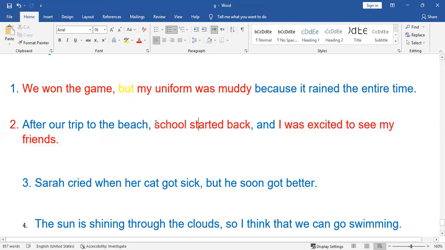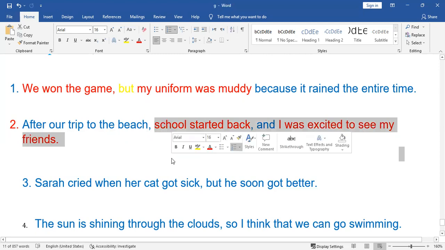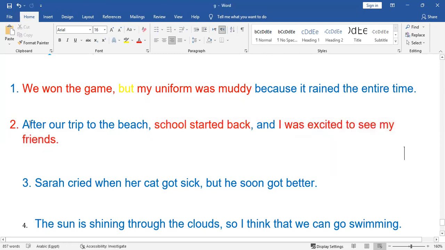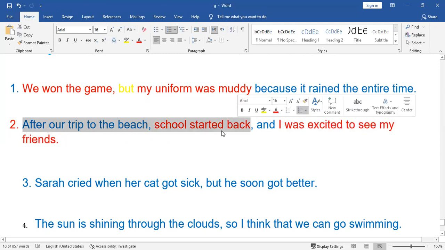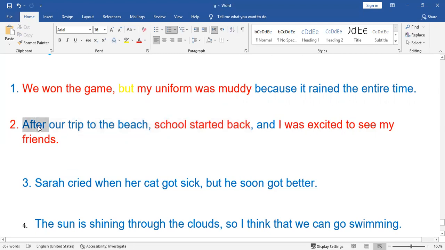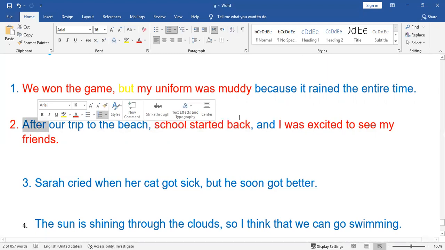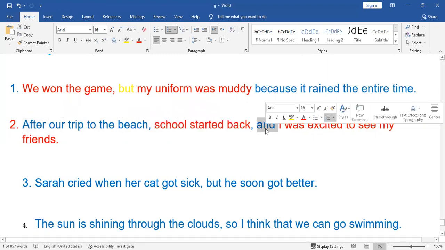So here I have a compound sentence. But I also have a subordinating conjunction, so together they make a complex sentence. That is why I called it a compound complex sentence. So I have a subordinating conjunction, after, and a coordinating conjunction, and.